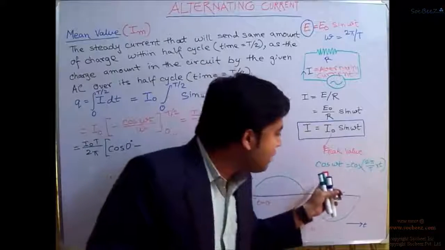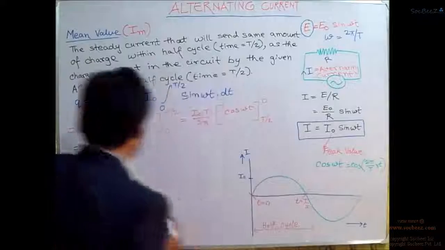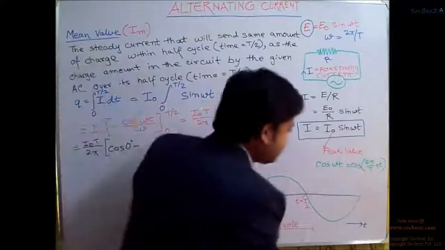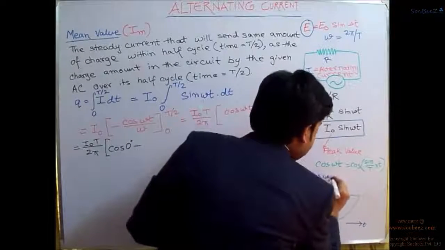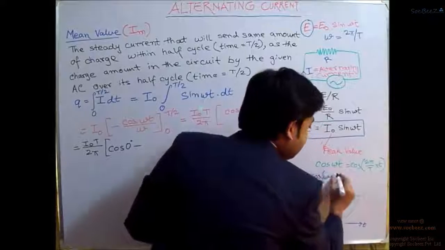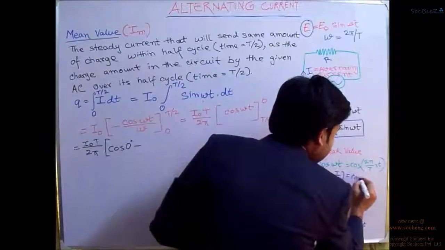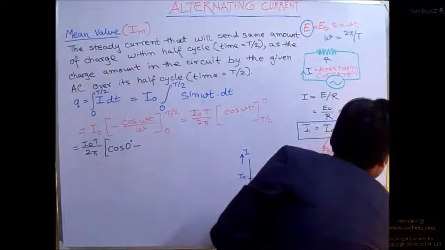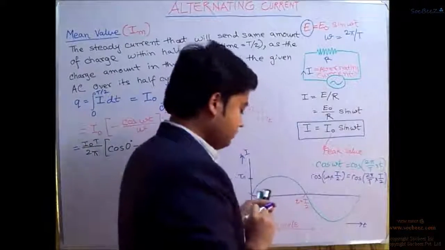So if we put t equal to T by 2, it will be cos of 2 pi divided by T multiplied by T divided by 2.